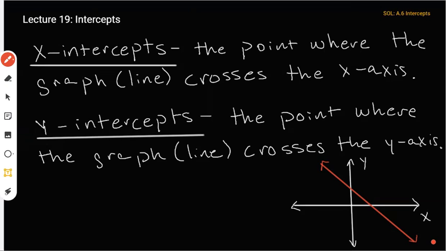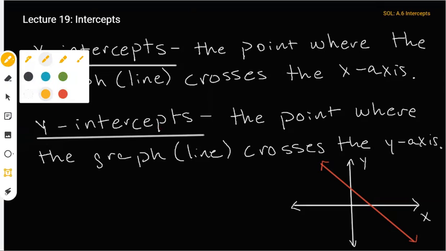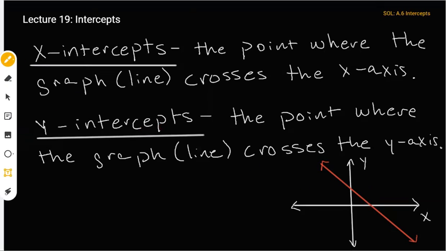So the line is going to cross the x-axis right here. So I'm going to change my color to yellow, and I'm going to put a dot there. So this is called the X-intercept, because that's where the line crosses the x-axis.